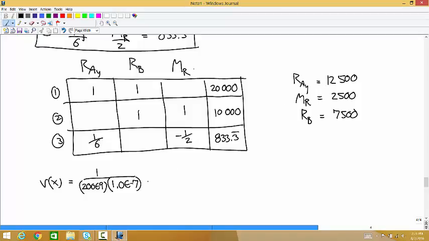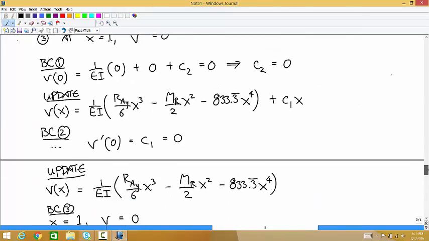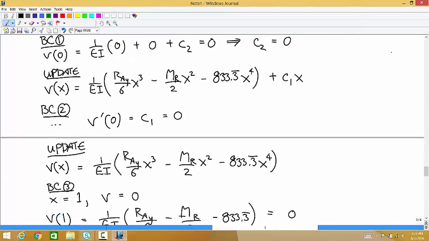So what's that? 12,500 divided by 6 is 2,083.3 repeating, and that was times x cubed.